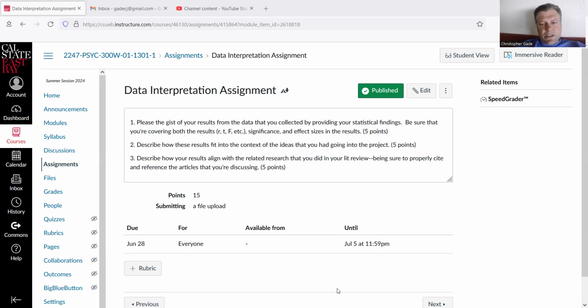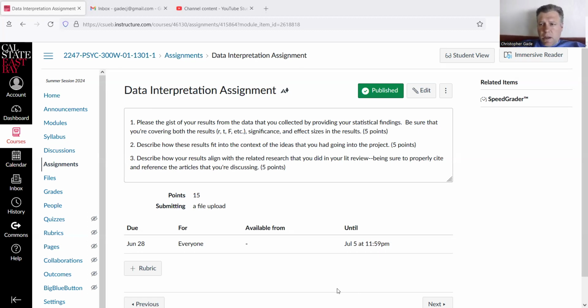We've got a lot of lifting to do before we get there. Right? We've got to make sure that we understood these effects that we found, both the descriptive ones and the inferential statistics. We've got to make sure that we have a really good understanding of what our results mean in terms of significance and applications. We've got to be able to tie what we found to the other research that's out there.